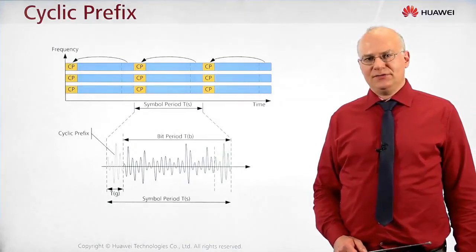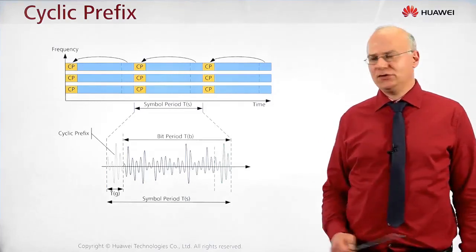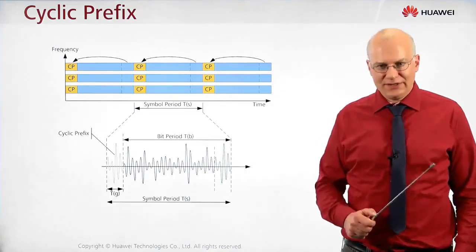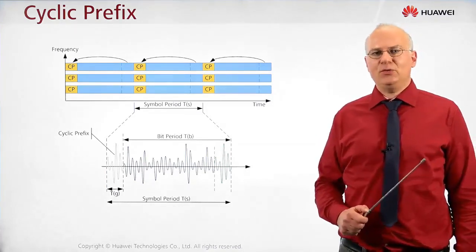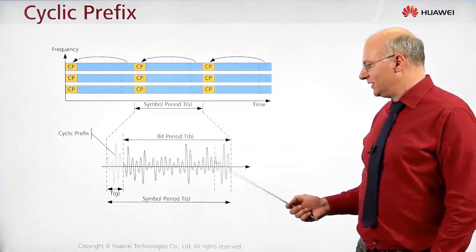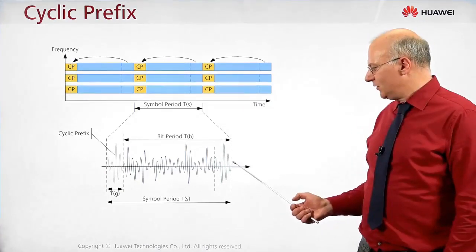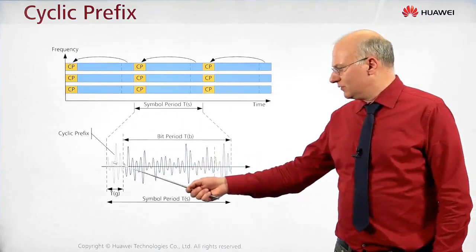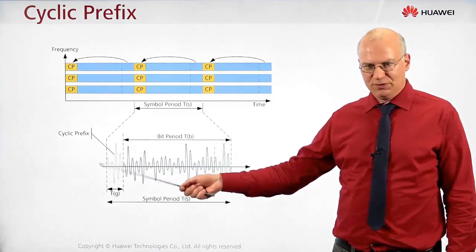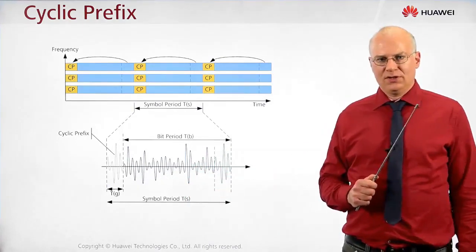The inter-symbol interference can be avoided by adding the so-called cyclic prefix. So in GSM we had the training sequence, and in LTE we use instead the cyclic prefix. The cyclic prefix is simply a repetition of the first part of the symbol. This is copied to the end of the symbol, repeating just the first part.